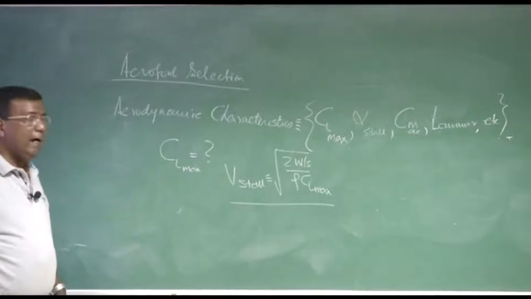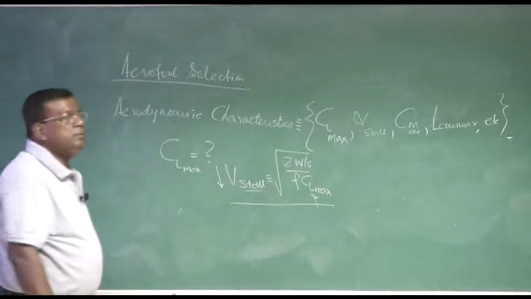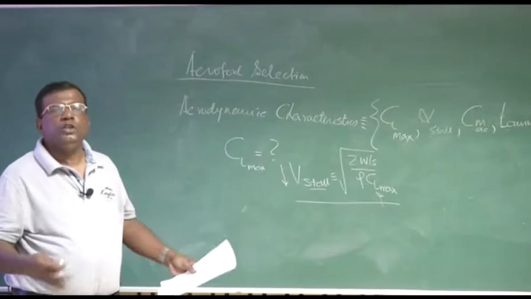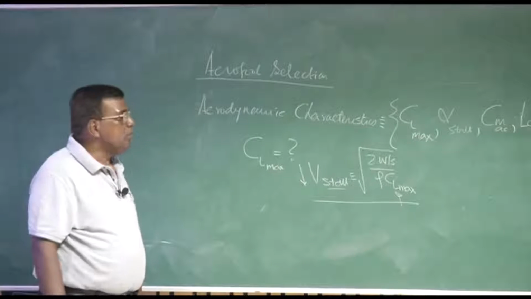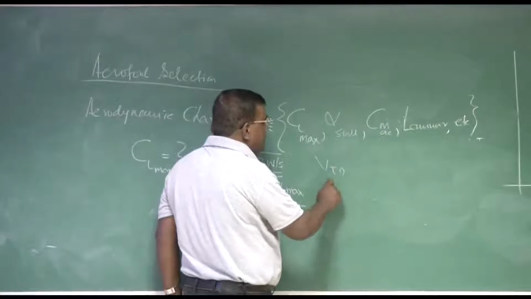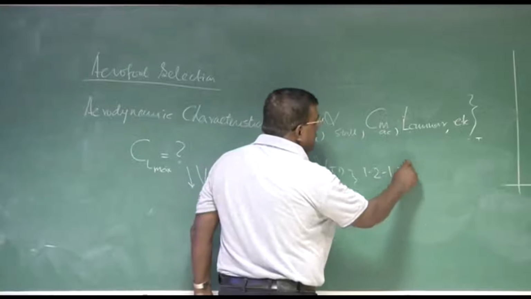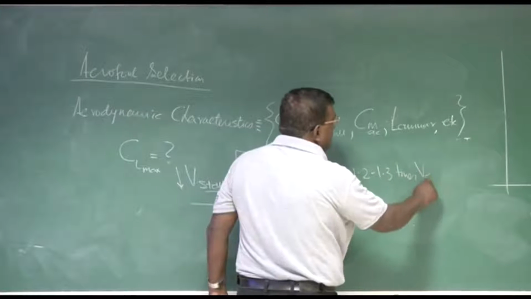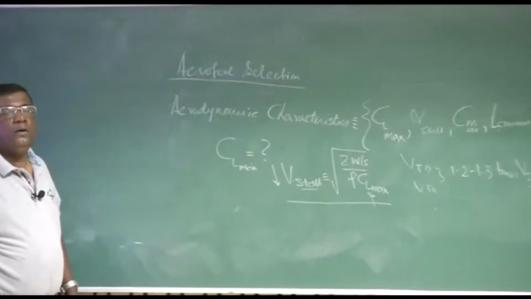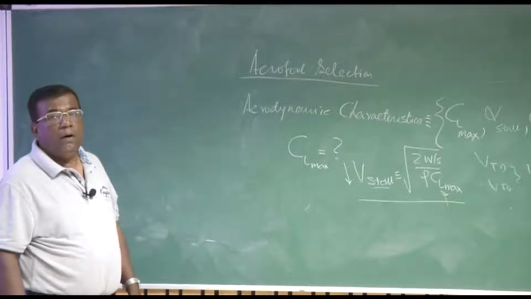So if CLmax is higher, then your Vstall is lower. A lower Vstall has a lot of advantages: your engine power requirement reduces. And also, V touchdown or V takeoff are almost 1.2 to 1.3 times Vstall. So if Vstall is less, then V takeoff and V touchdown are also less. So you have a direct implication on the engine power selection.